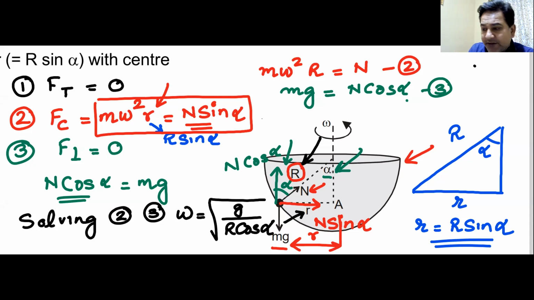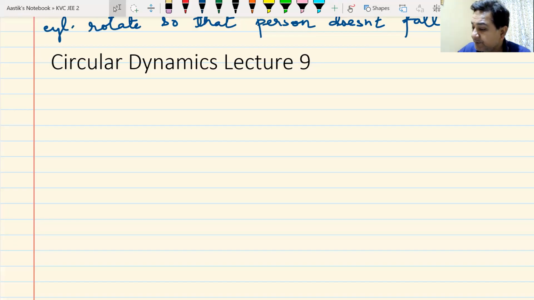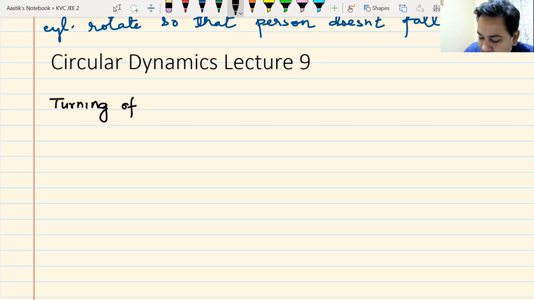The last topic that we are going to do in this horizontal circular motion will be captioned like this: turning of vehicles, cars on circular tracks or circular roads.